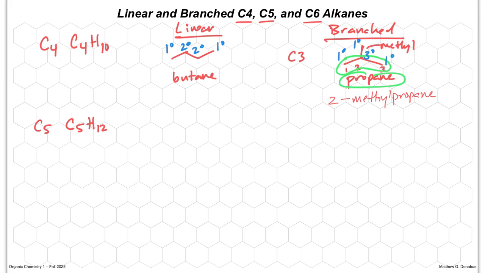There's only ever one linear isomer for each carbon count. Everything after that has to be branched. So there's pentane. We have primary, secondary, secondary, secondary, and primary.